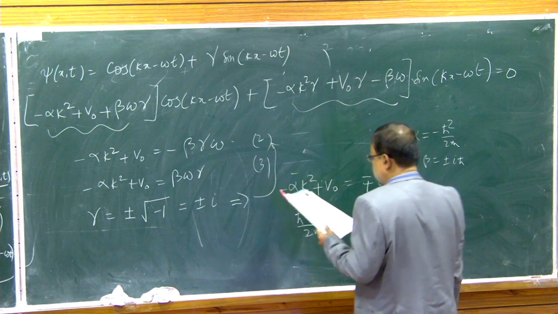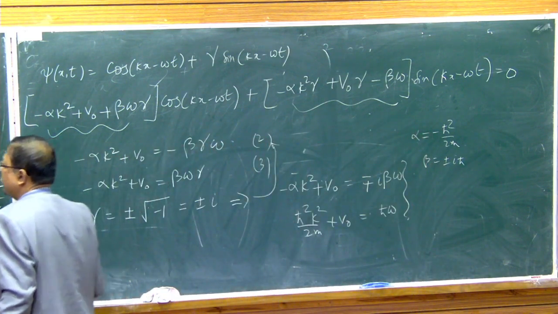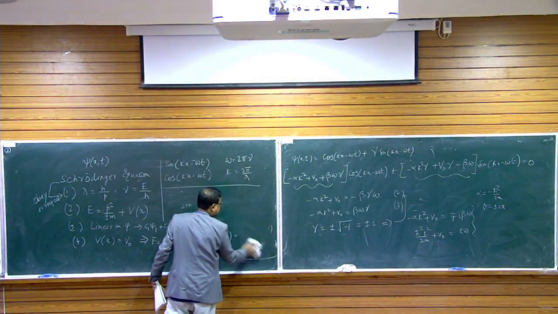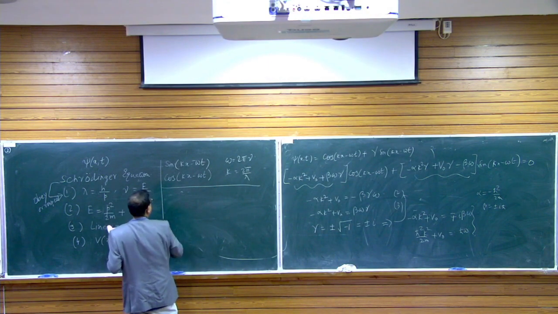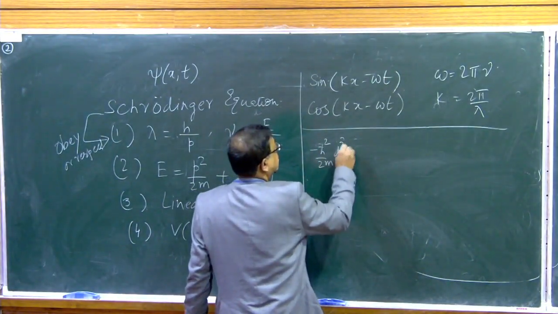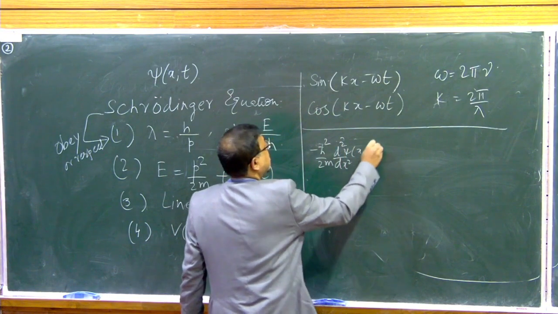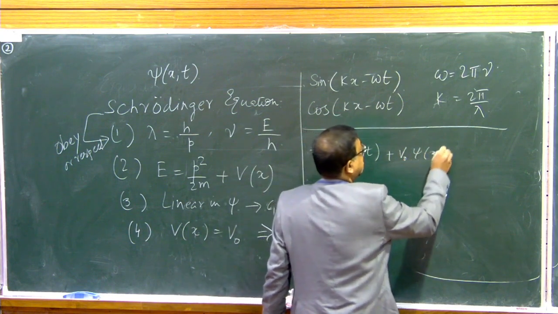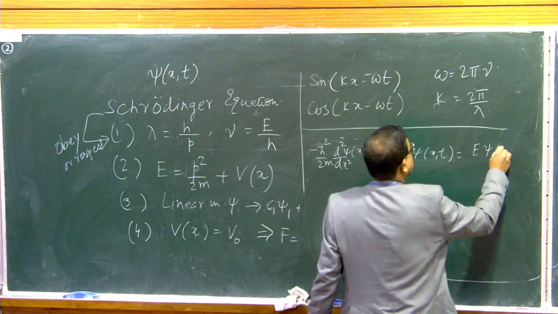So I go back to the original equation, and let me write that down here: minus h cross squared by 2m d squared dx squared psi(x,t) plus v naught psi(x,t) is equal to E psi(x,t).